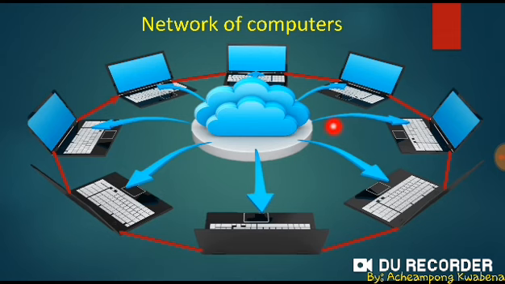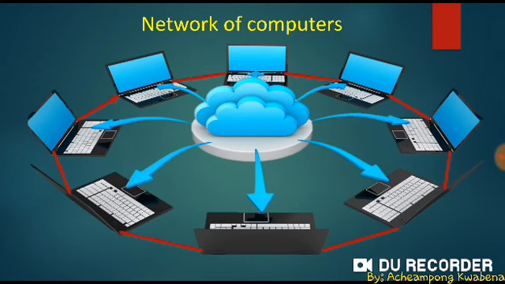When these laptops are able to transfer files from one to the other, then we can say that we have an internet connection. So this is what we call a network of computers.